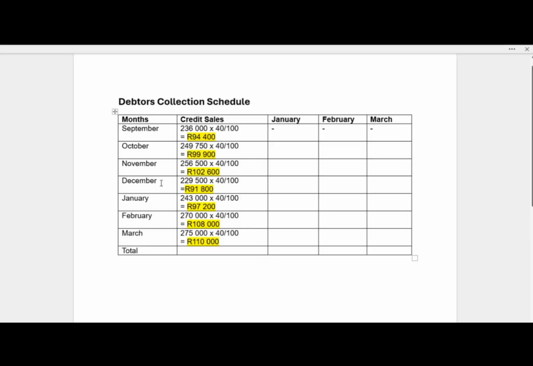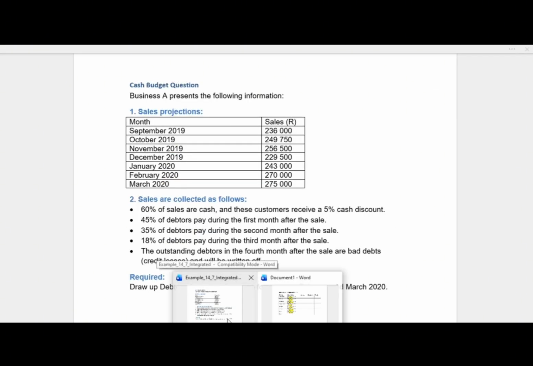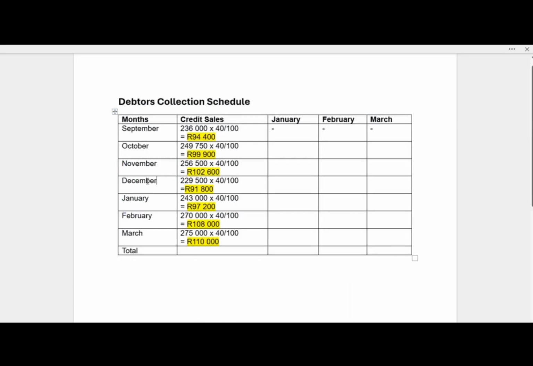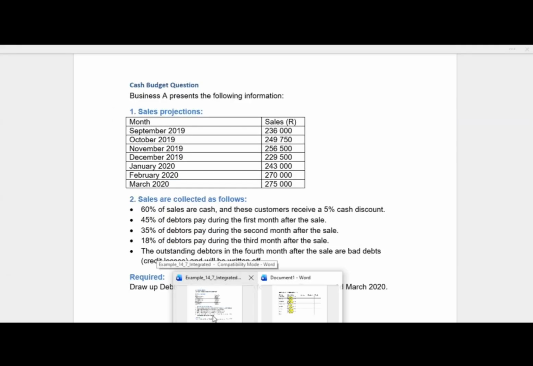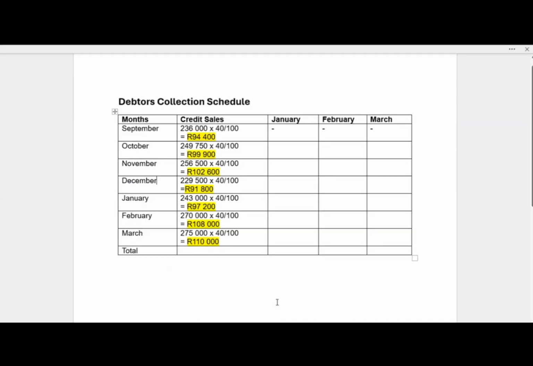And then you're going to pay 35% in December, because according to our credit policy collection, you have to collect 35% of debtors during the second month after the sale. The third month, which is 18%, is January, because the credit policy says 18% of debtors pay during the third month.